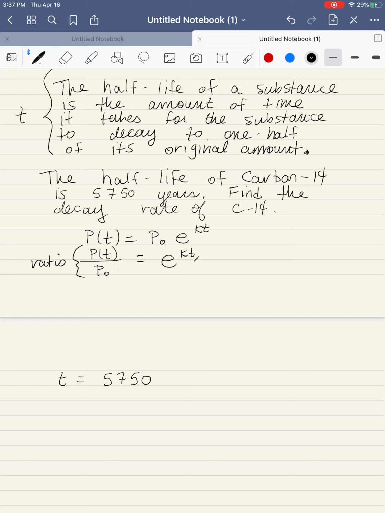We also know our ratio, P of T, our ending amount compared to our beginning amount. Because this is a half-life, the ratio between the ending amount and the beginning amount is 1/2, or 0.5.